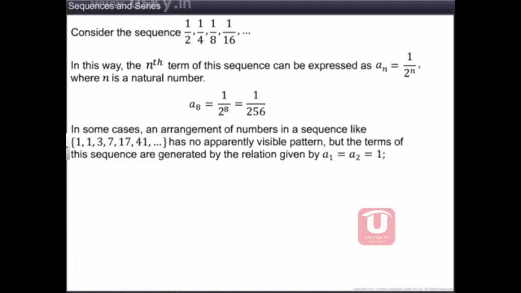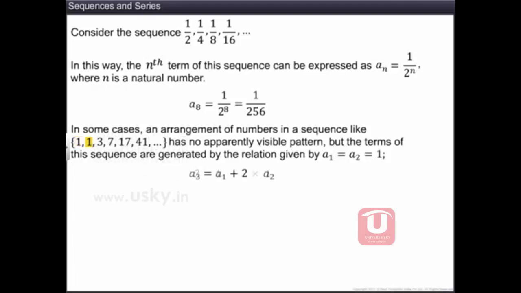In some cases, an arrangement of numbers in a sequence like 1, 1, 3, 7, 17, 41, and so on has no apparently visible pattern. But the terms of this sequence are generated by the relation given by A1 is equal to A2 is equal to 1. The third term can be obtained by adding the first term and 2 times the second term.